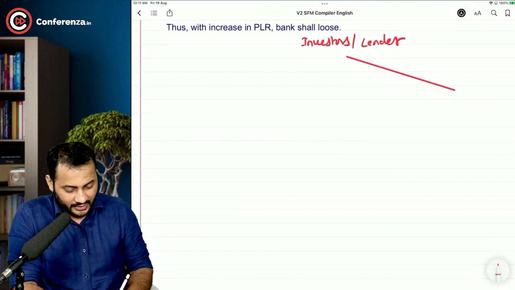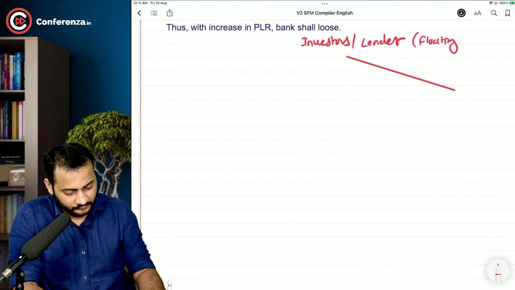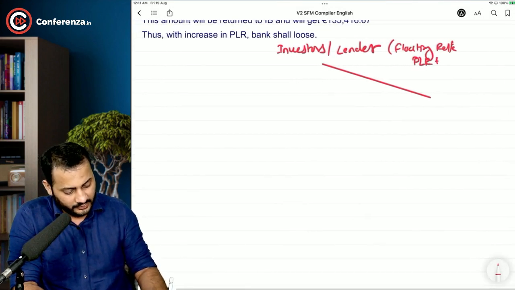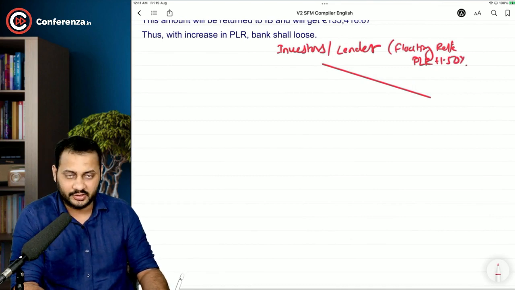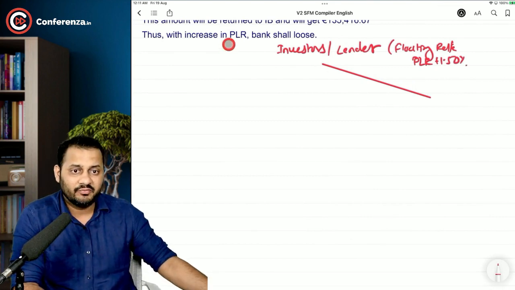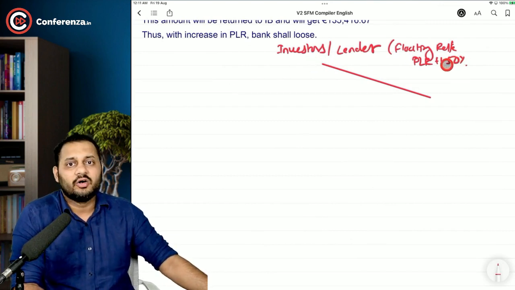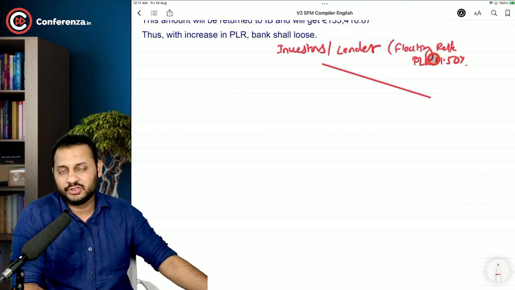And in fact, we have a portfolio of a floating rate with PLR plus 1.50%. What does that mean? It means that we are earning this much because we have lent the money to someone else, and that other party is giving us this much of the money.